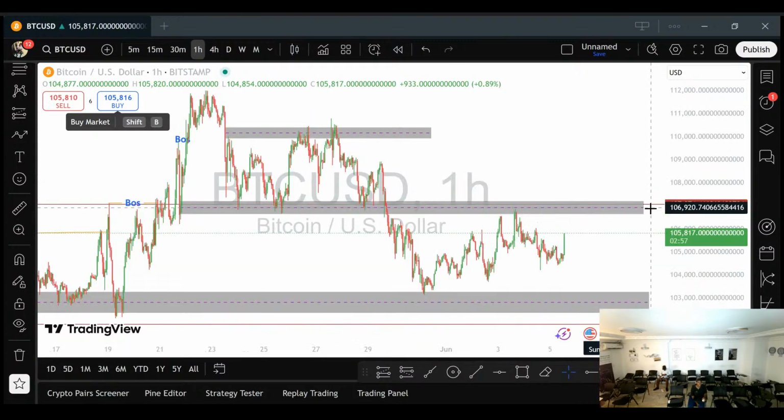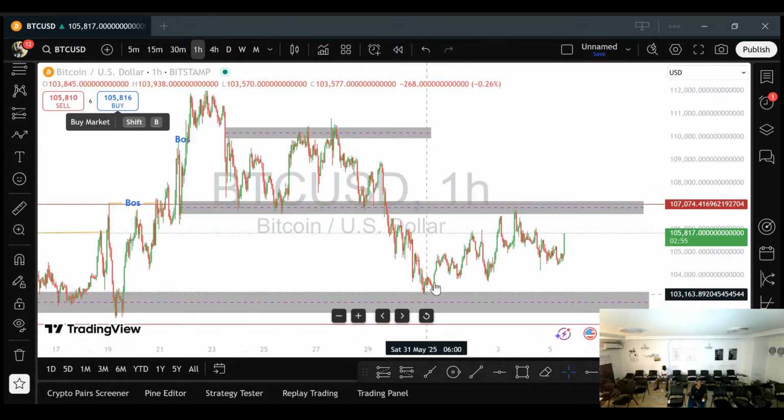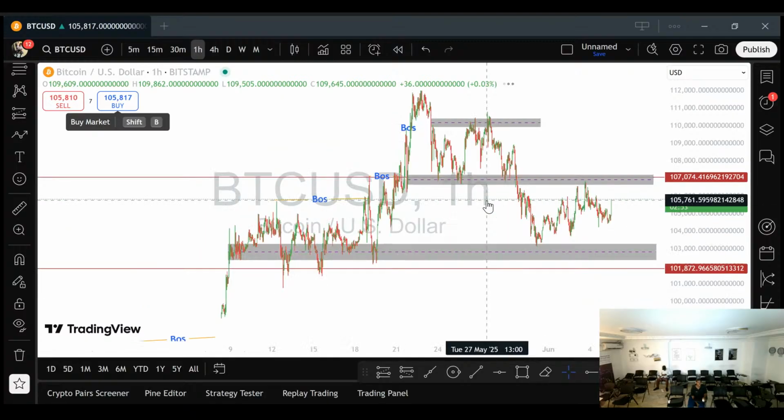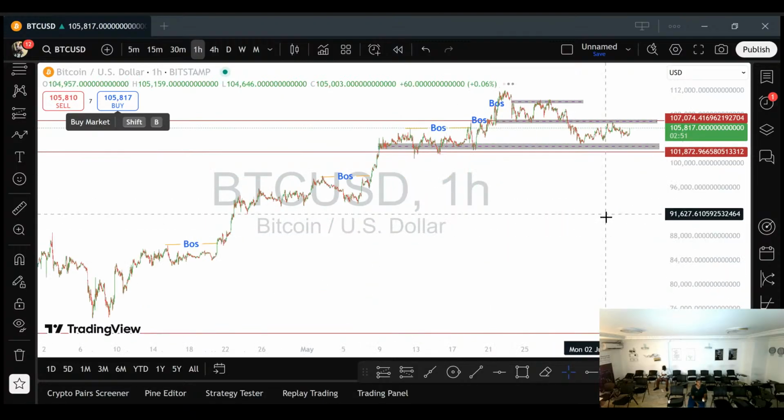This market just came and tapped into this resistance level and moved up. But overall, this market is bullish.